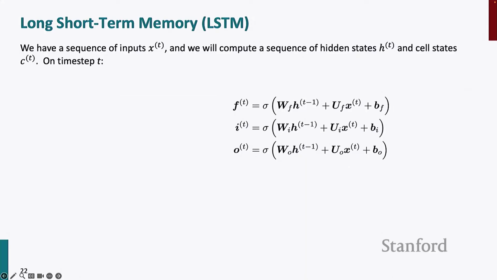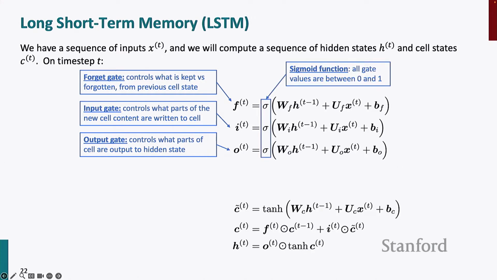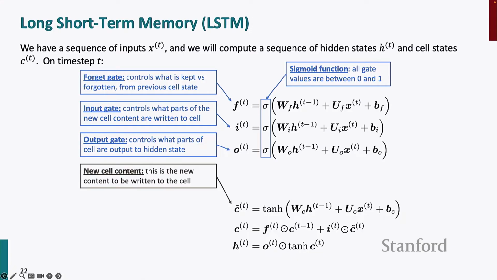Okay, so once we have those gates, we're then going to have these equations, which are how we update things. The first thing we do is work out a potential new cell content.